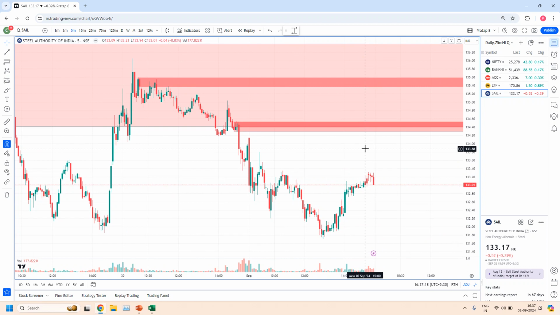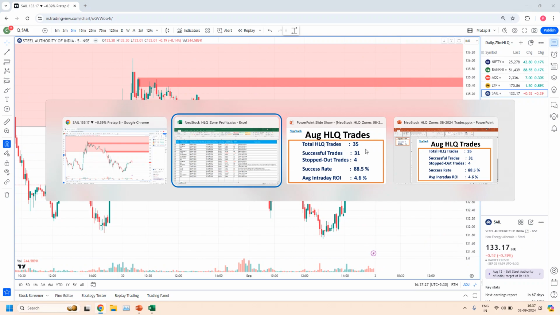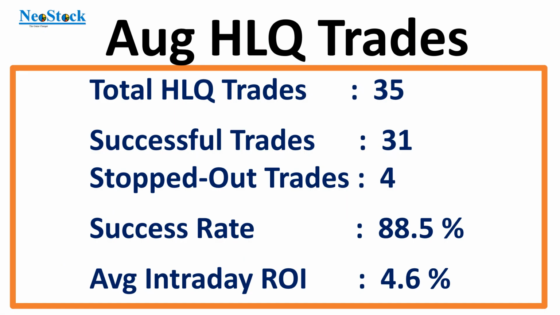So this is the performance evaluation of the high liquidity zones identified in our yesterday's report. And also we have seen the statistics of August month ending high liquidity zone statistics. So once again it proved the success rate, because continuously for the past 10 or 11 months we are getting a success rate above 80%.